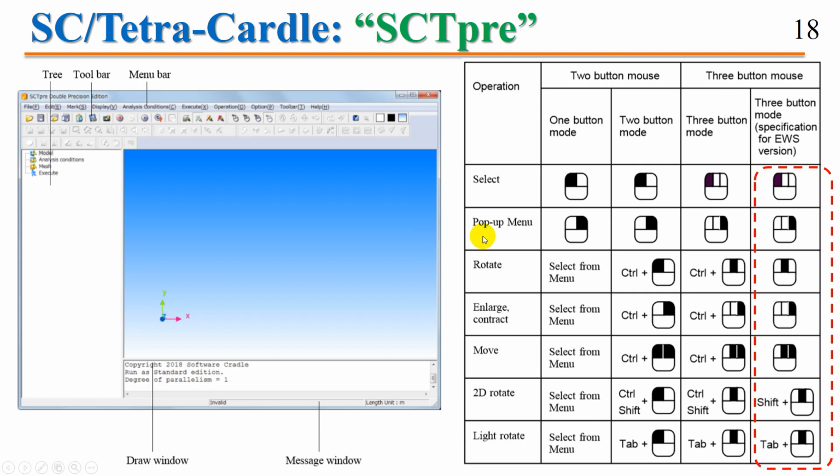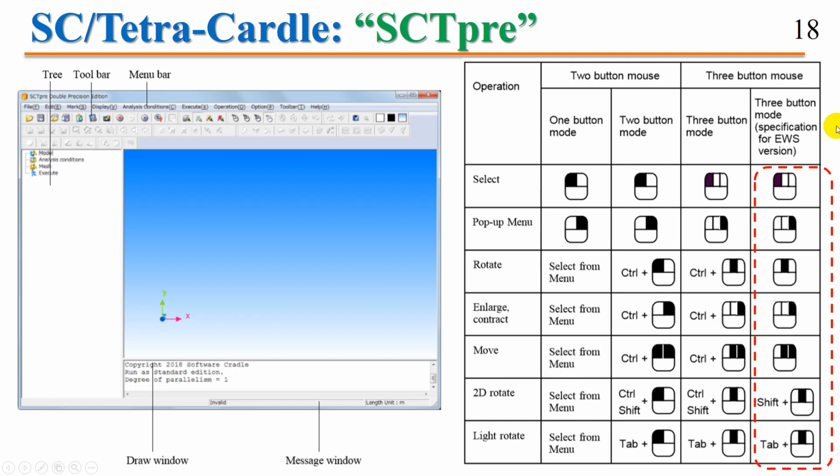If you want to use the pop-up menu, right click. To rotate, middle click and drag. If you want to enlarge and contract, right click and drag. If you want to move, press shift on the keyboard and the middle button and drag.